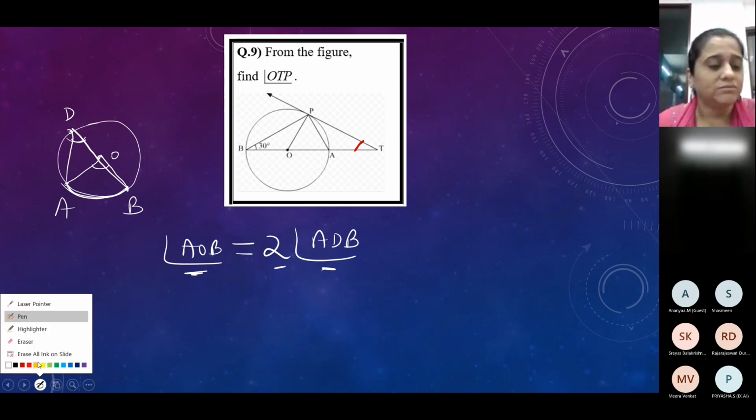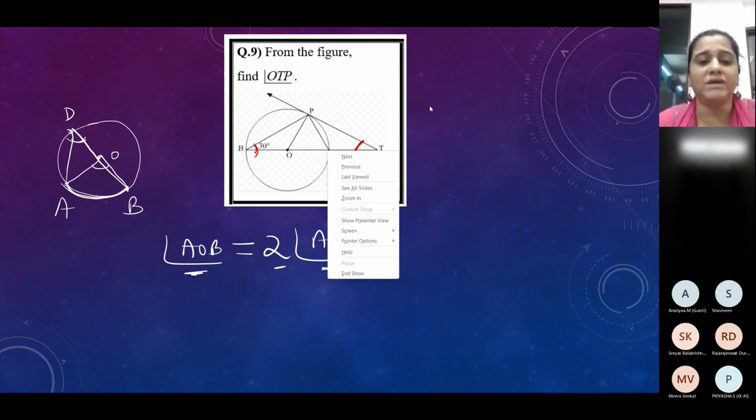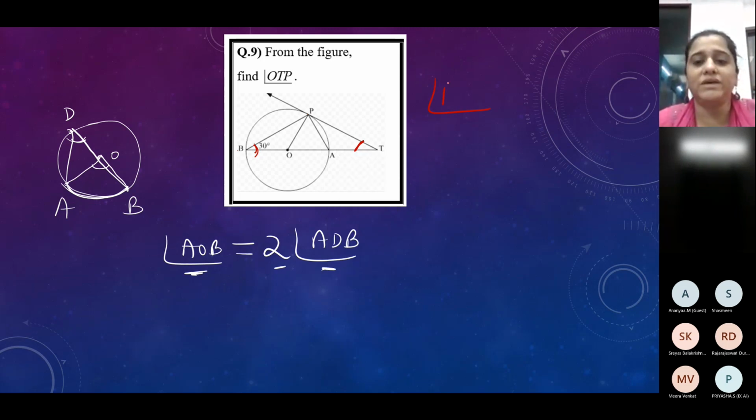In the figure, what is this angle? PBA. That angle is called angle PBA. Angle PBA is 30 degrees. From the name of this angle, which is the arc that subtends the angle?